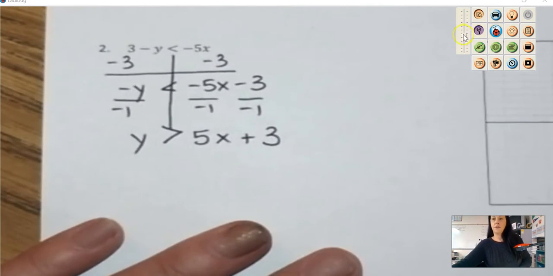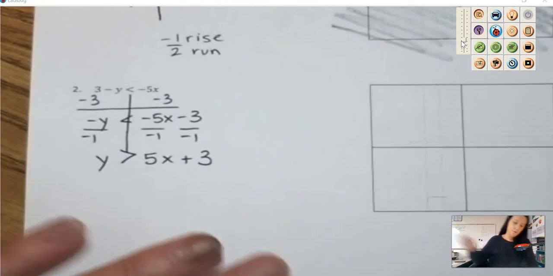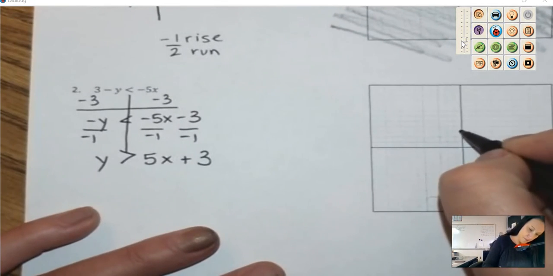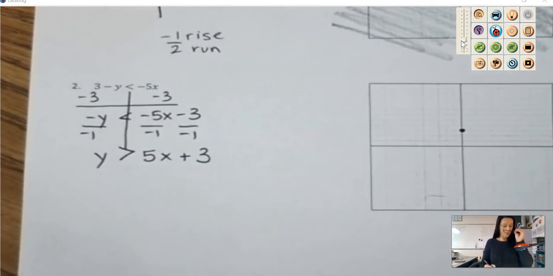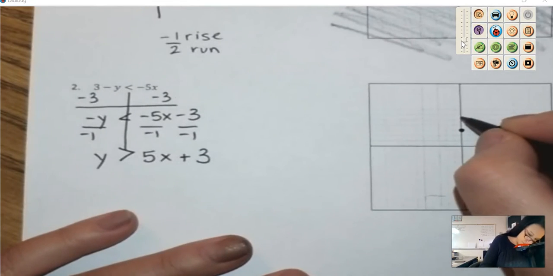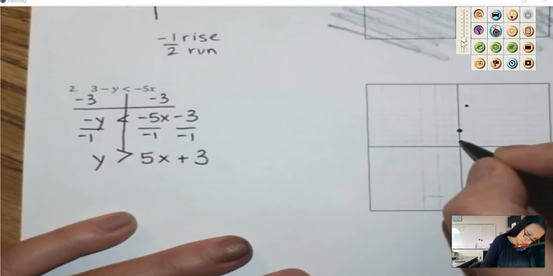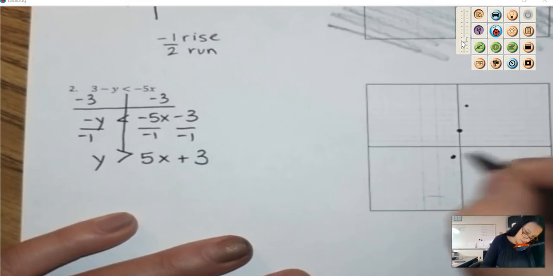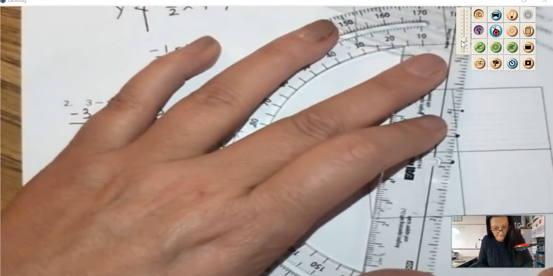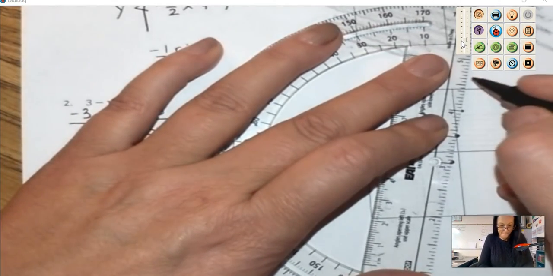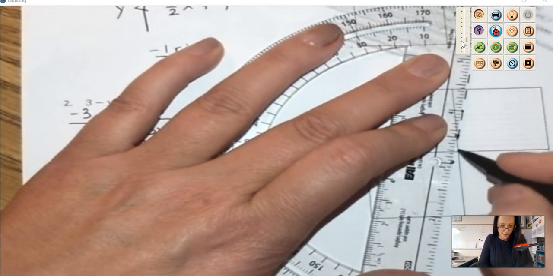And then I'm going to graph it. You should have a dotted line when you graph it.